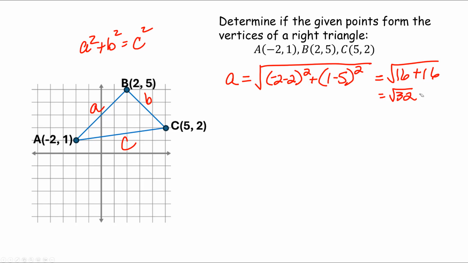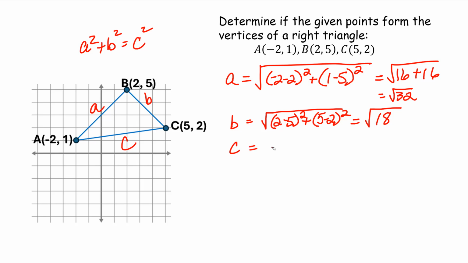I'm not going to reduce that because we're going to square it anyway, so we might as well leave it the way it is for now. All right, the distance between B and C will give us that leg of the triangle. That's the difference in the x's squared plus the difference in the y's squared, which is the square root of 9 plus 9, which is the square root of 18.